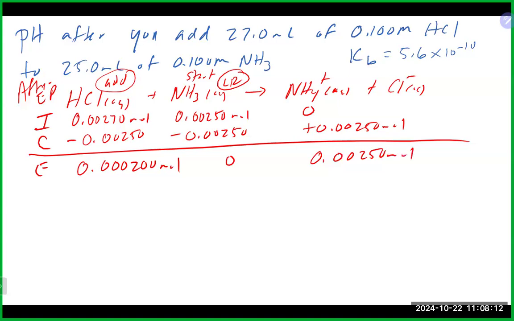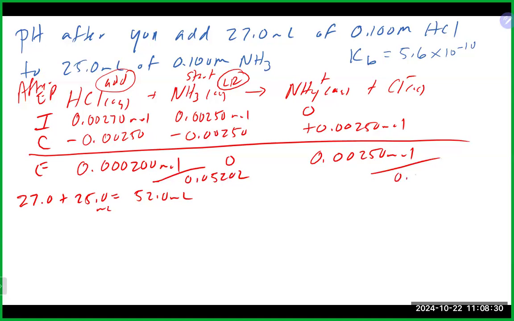We can go total volume at this point, 27 we added, plus 25 we started with in terms of the volume. Going to get us 52 milliliters. So we'll divide this guy by 0.052 liters, and we'll divide this guy by 0.052 liters.